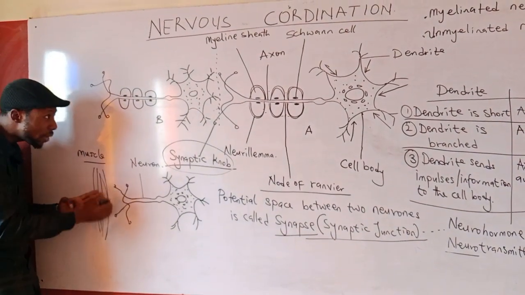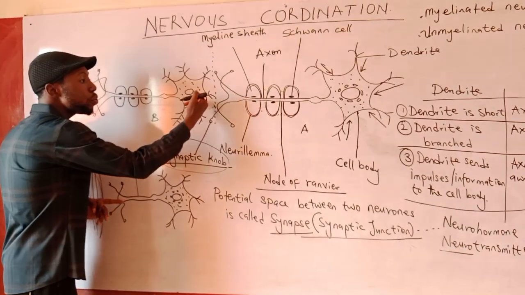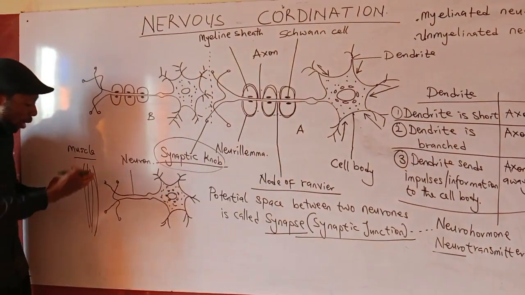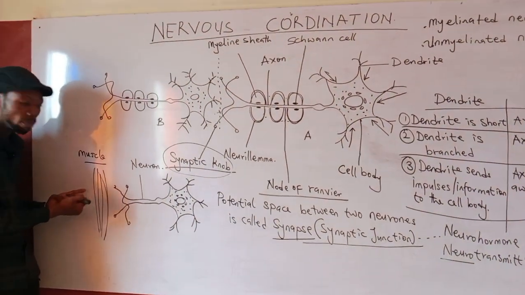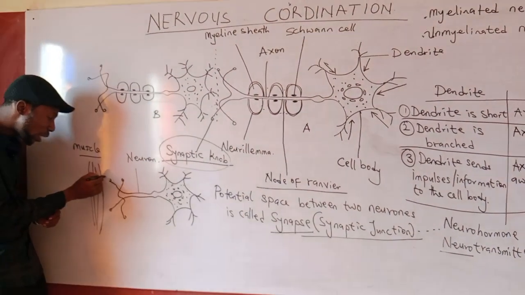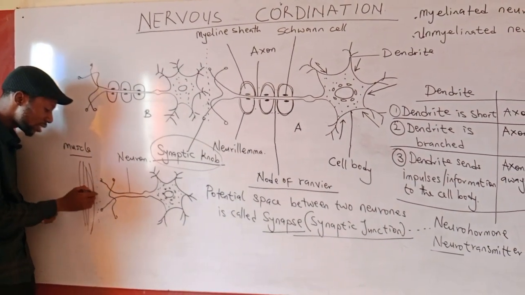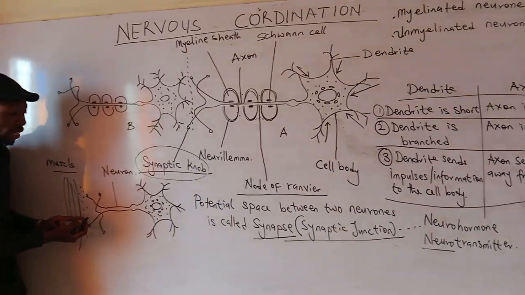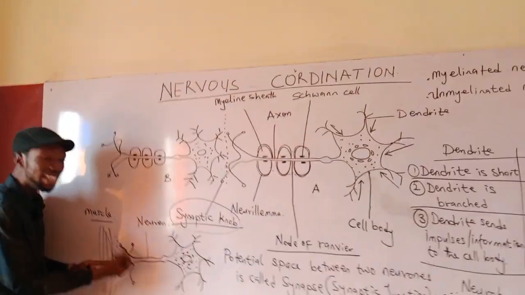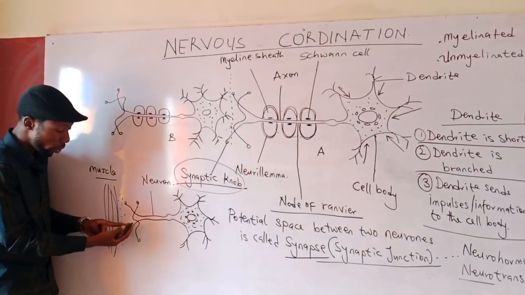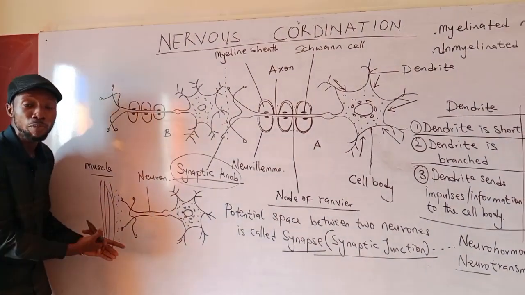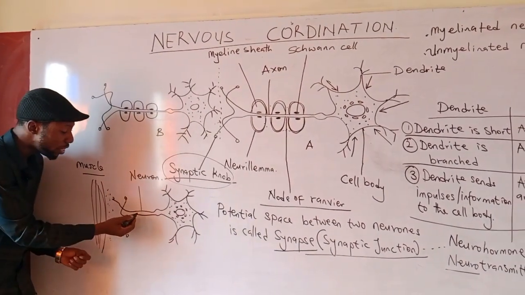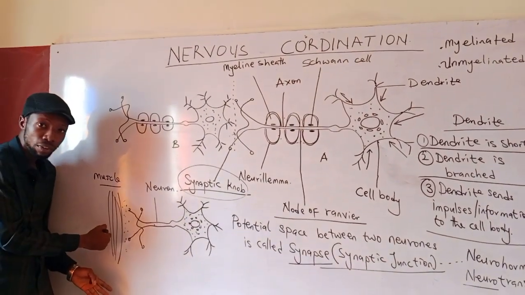So this potential space here we have between neuron and neuron, we still have another space between neuron and muscle, okay. Now, in between this space here we have transmitters. That transmitter is the neurotransmitter because they are synthesized and released by the neuron.